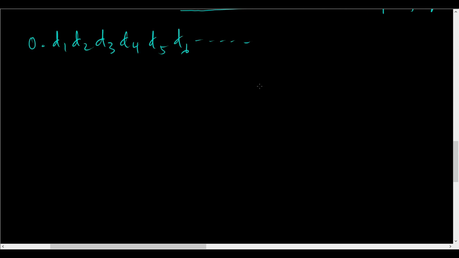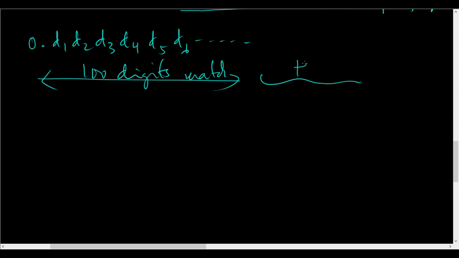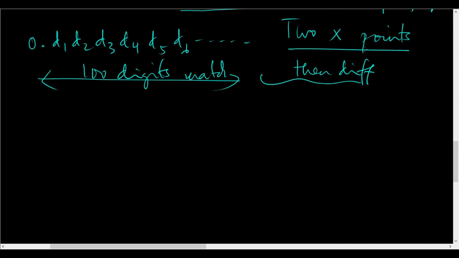Now suppose 100 digits match and then they are different. So I have two x's. What is the difference in their coordinates? The difference is basically 2 to the power minus 100, right? Or 101, whatever.